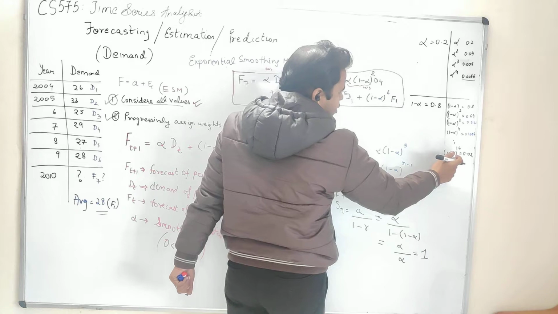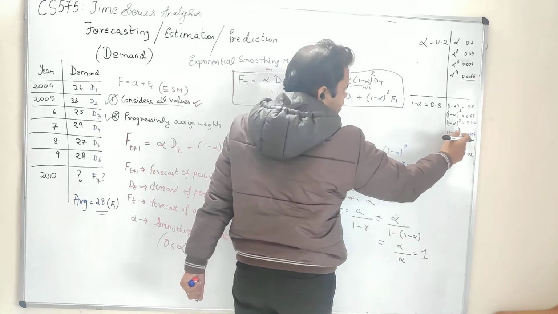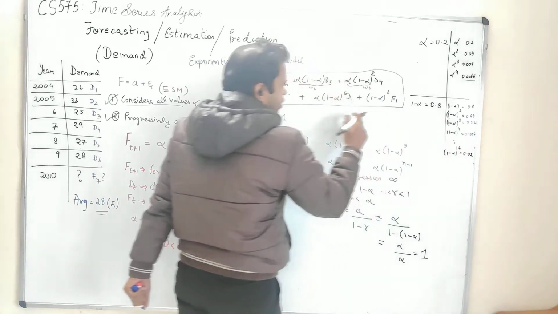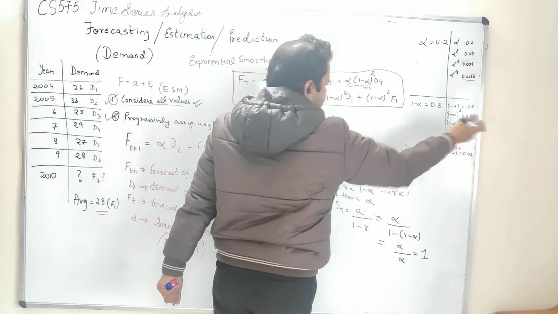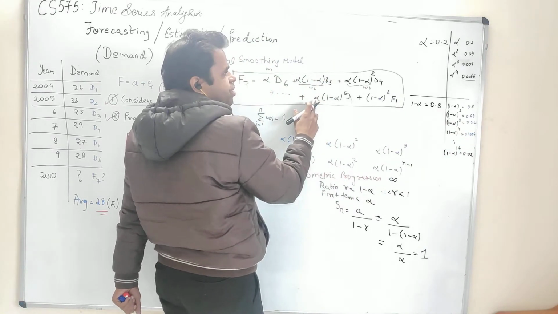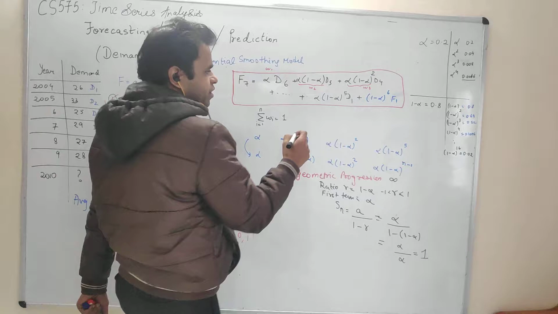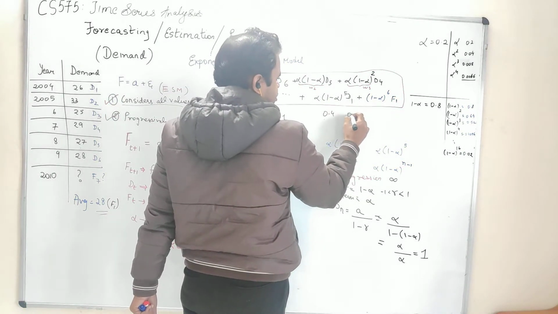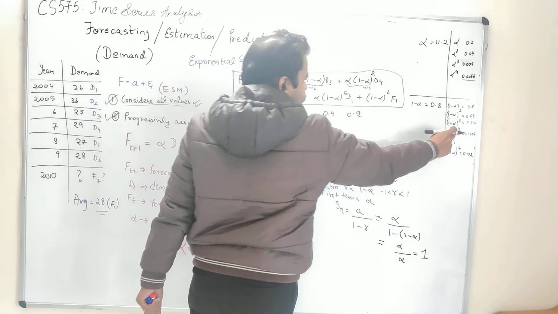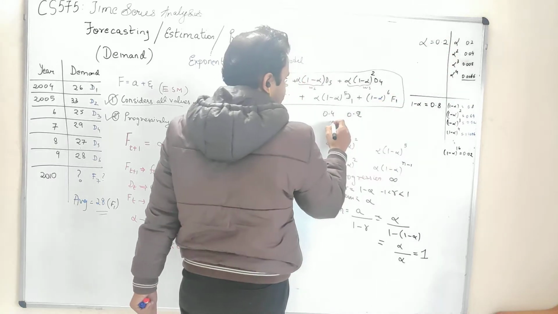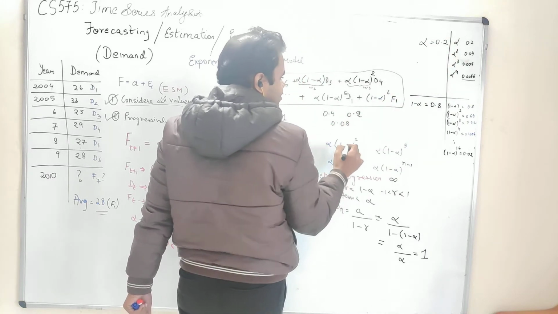When it goes up to the fourth term, it becomes about 0.4. On the fifth term it will further reduce, and when you multiply by 0.2 it will reduce further. For example, if you have two numbers, 0.4 and 0.2, the multiplication is 0.08.